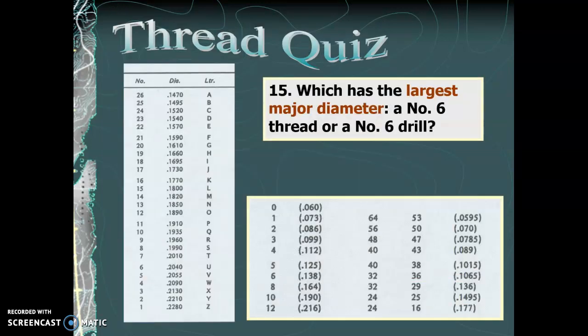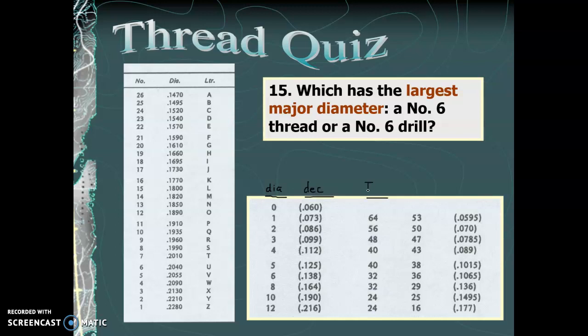Which has the largest major diameter, a number 6 thread or a number 6 drill? This is a good question. This is something that students might easily confuse. We've got the two different charts here. This chart to the right is for the threads. This is the diameter, and this is the decimal equivalent of it.